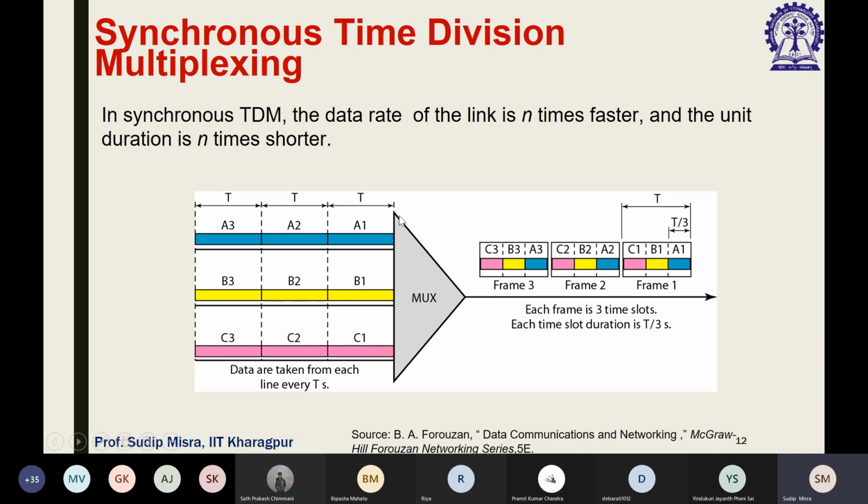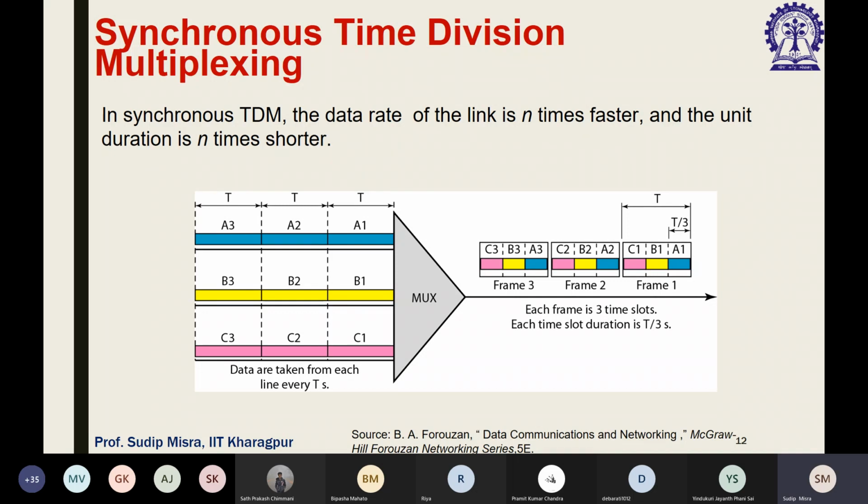However, if you put all of them together, this should be 3T, that is T plus T plus T. But it is not. So the whole idea is that if you want to adopt this technique, then you have to increase the data rate of the link 3 times, or N times.